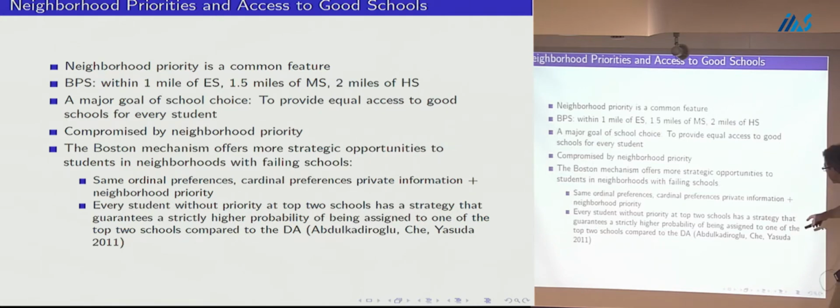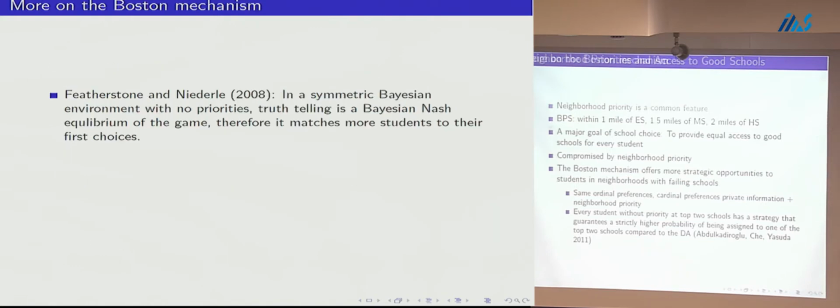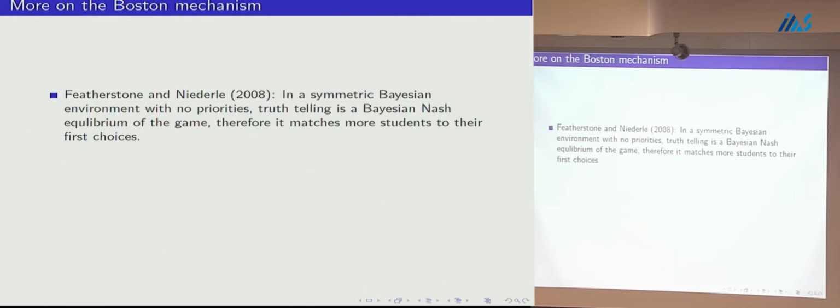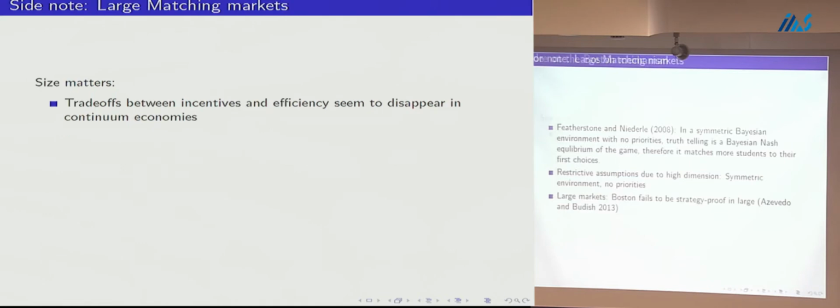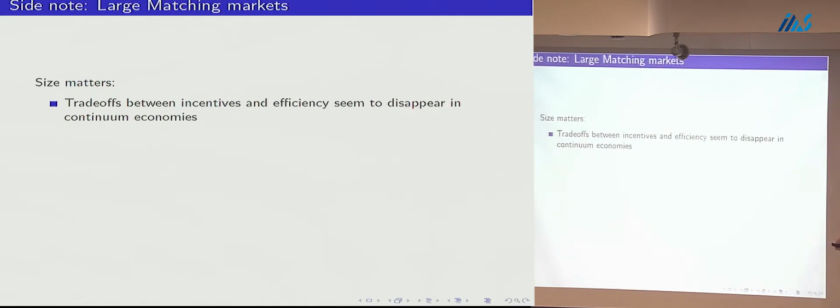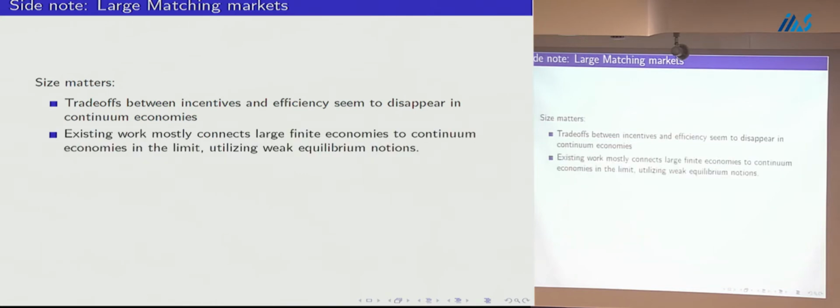That is why there's a sense that Boston might give more access to good schools for students who do not have priorities at those schools. Now, let me skip these 2 slides, given the time limit.